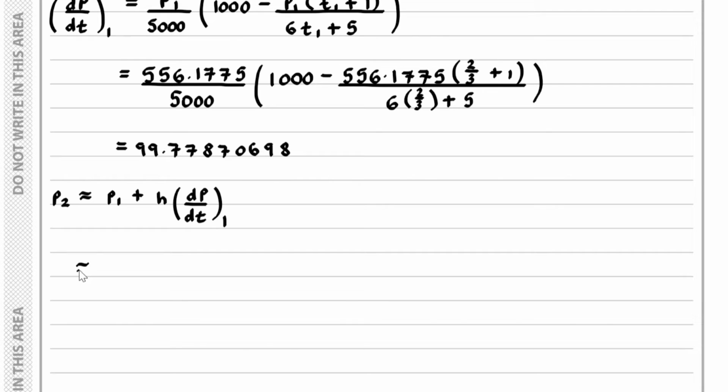So we've got the value we had here, 556.1775, plus h, which is 1/6, multiplied by dP/dt_1, which is 99.77870698.